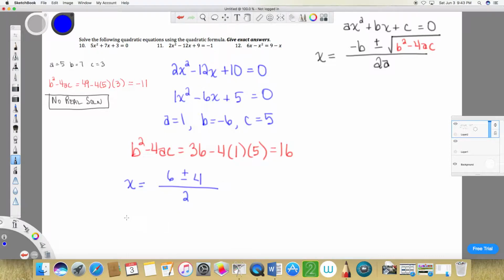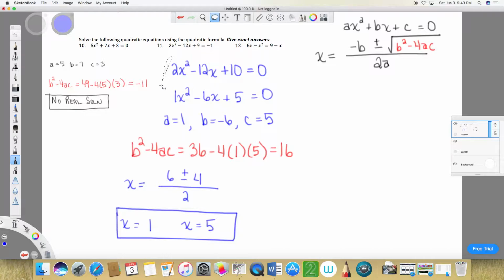And so now I have that 6 minus 4 is 2, and 2 divided by 2 is 1. That 6 plus 4 is 10, and half of 10 is 5. So I have these two solutions. And like I say, because they're rational numbers, I know that at the beginning of this problem I could have factored it, but the directions didn't say to factor it.